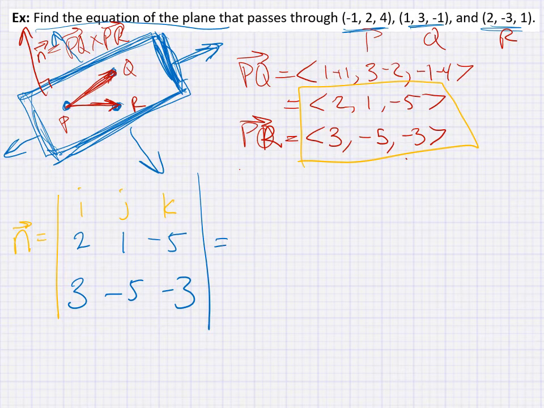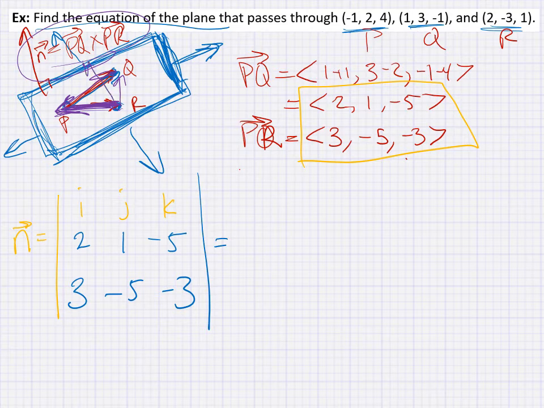Let's think for a second. Order here doesn't really make too much of a difference. I set up these vectors randomly. I assigned the points randomly. If I did vector PQ, and let's say I did vector RP, and I found the cross product between RP and PQ, I would still be finding a normal vector to the plane. Or if I did RQ and RP, the cross product would still be normal to the plane.